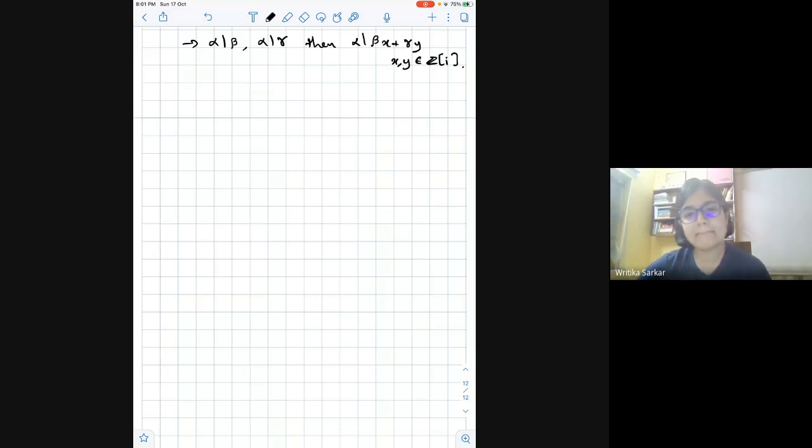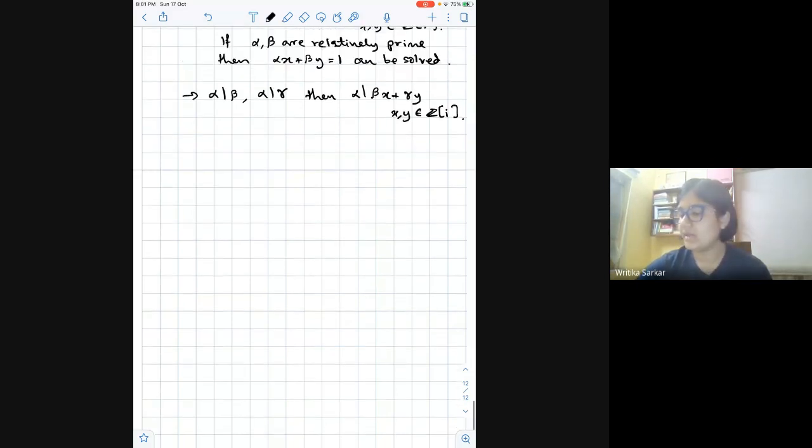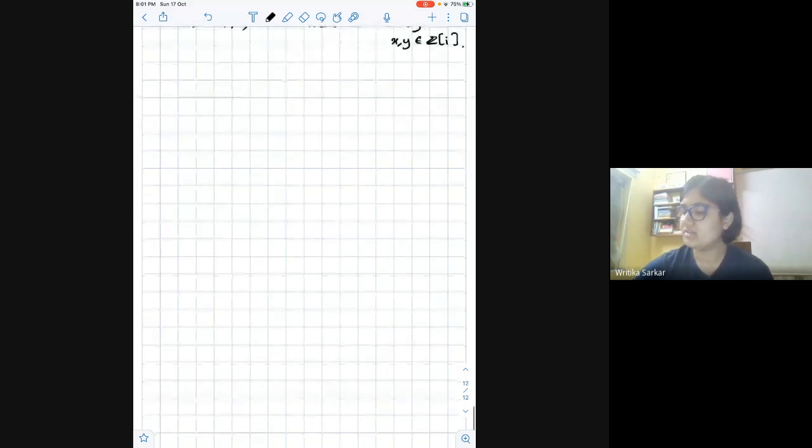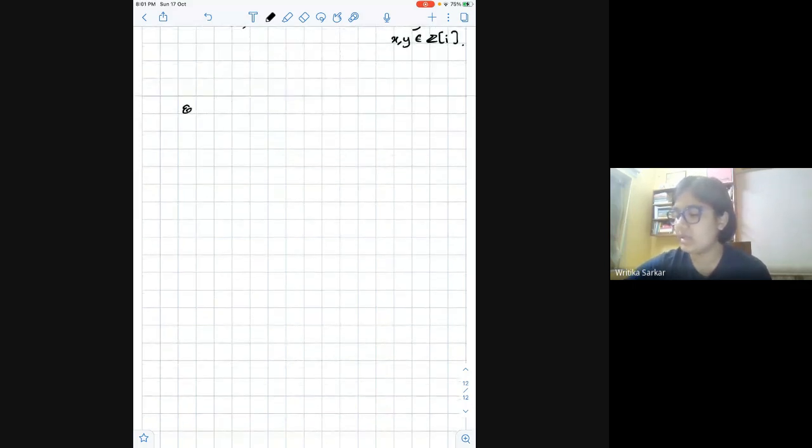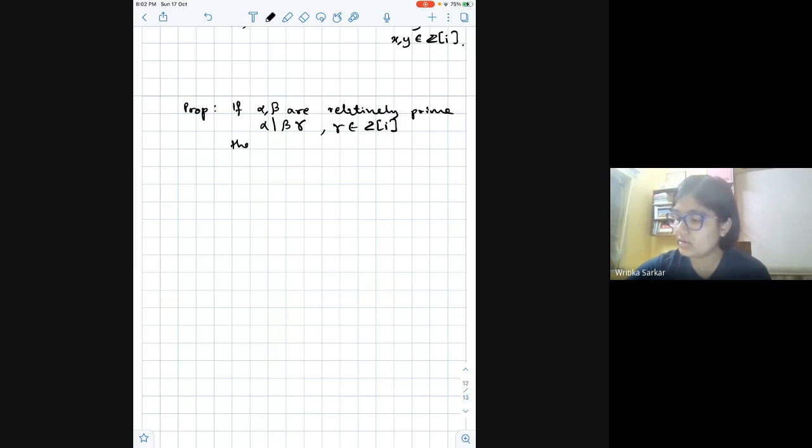Now, let's see one quick property. If your alpha comma beta are relatively prime, and we have alpha divides beta times gamma for some gamma belonging to Zi, then alpha divides gamma.